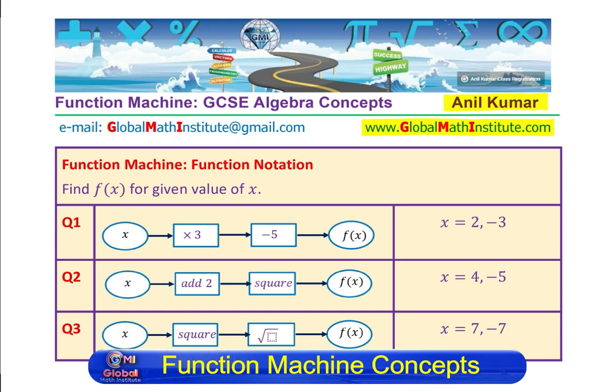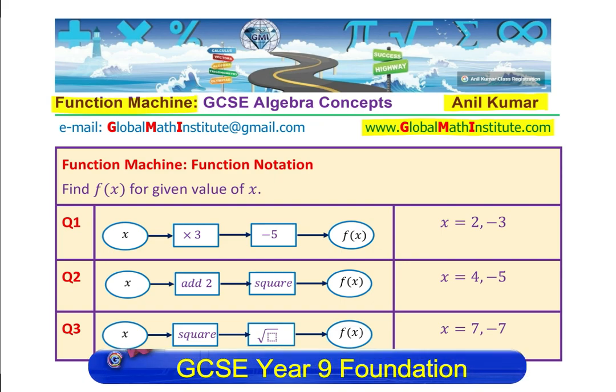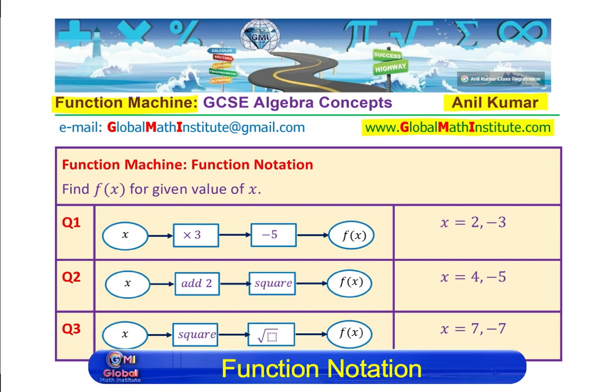We are going to discuss problems related to function machines in this particular playlist. This is the very first one, in which you have to evaluate the output from the given input. We have introduced the function notation using f of x for the output when x is the input.